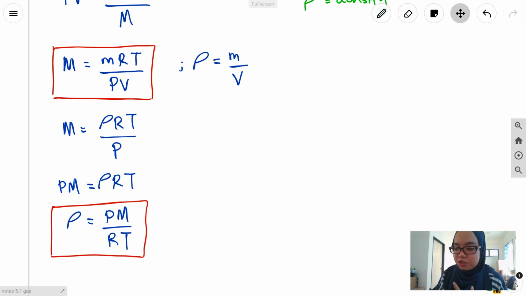I really hope that you guys can understand this chapter, because this is only half of chapter 5.1. We are going to continue the rest of the chapter tomorrow. So we have learned about the kinetic molecular theory of gas.